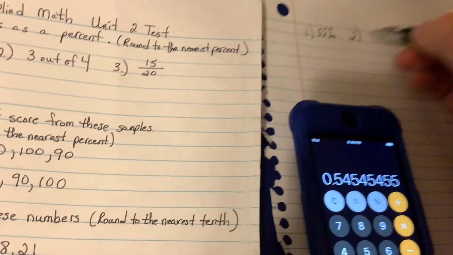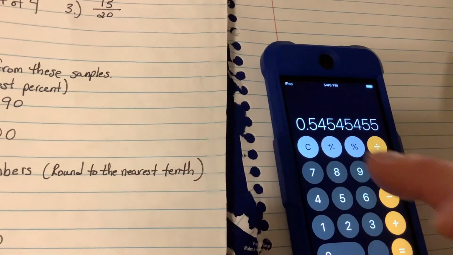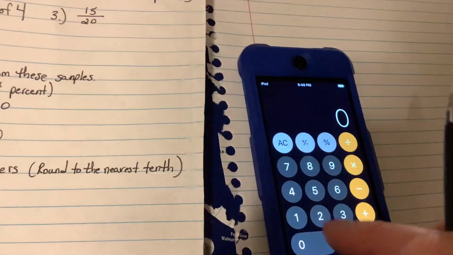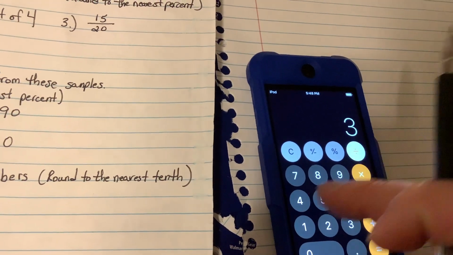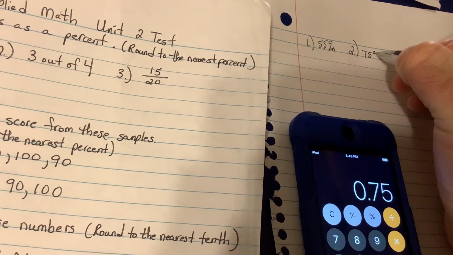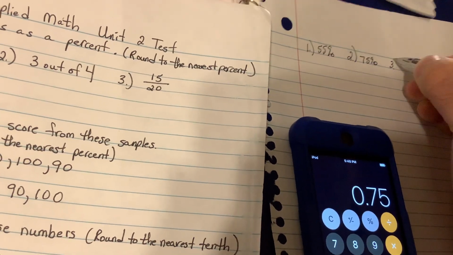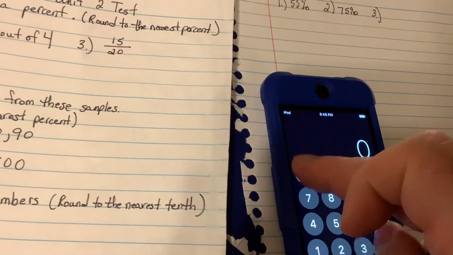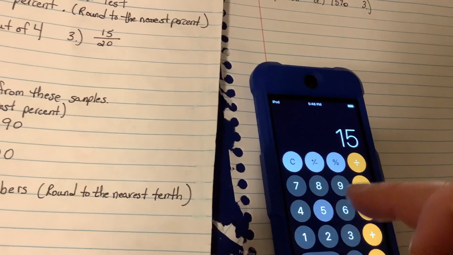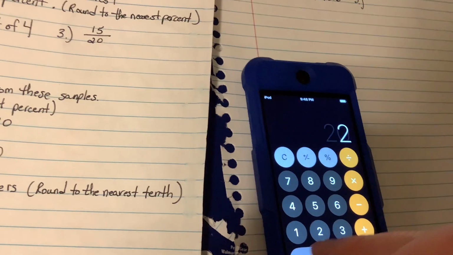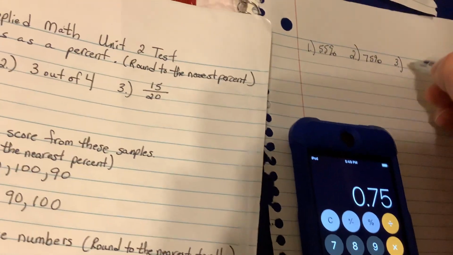Okay. 3 out of 4 is 3 divided by 4, which comes out to 75%. No rounding needed there. 15 out of 20 is also 75%.